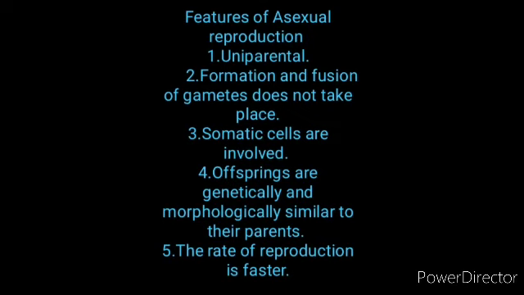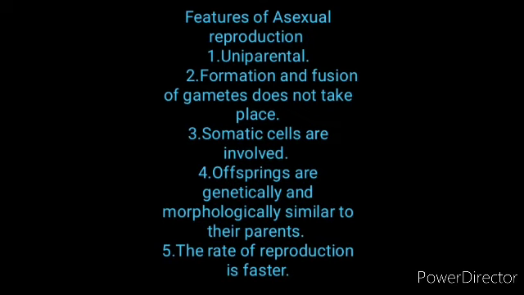That point is very important. Offsprings are genetically and morphologically similar to their parents. What is the meaning of morphology? External characters and internal structure. The last point, sixth point, the rate of reproduction is faster.